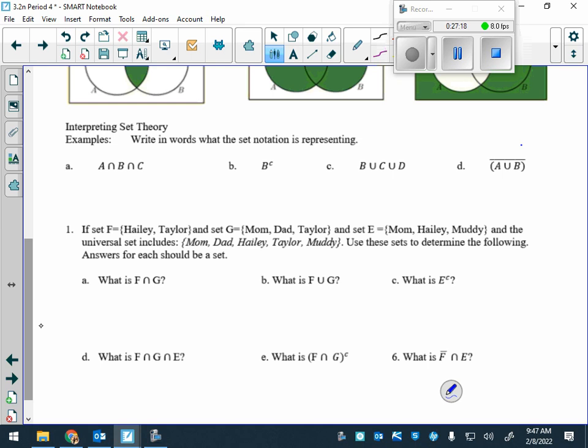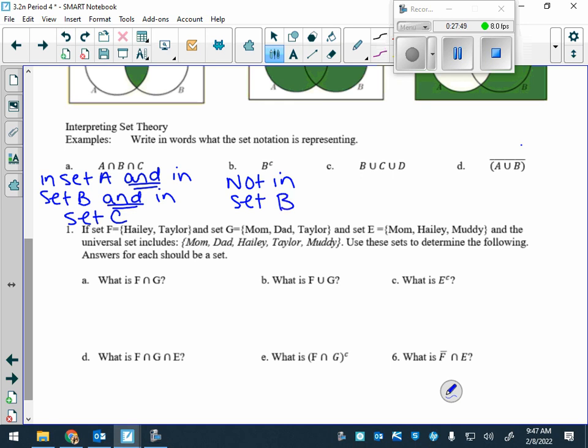We have the upside down U. So this means in set A and in set B and in set C. Okay, then for the next one with that little c, not in set B. Okay, not in set B. Right.